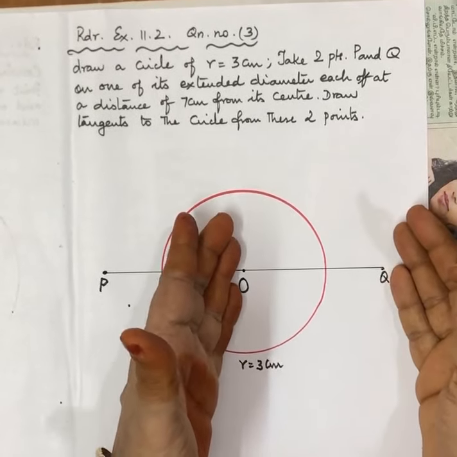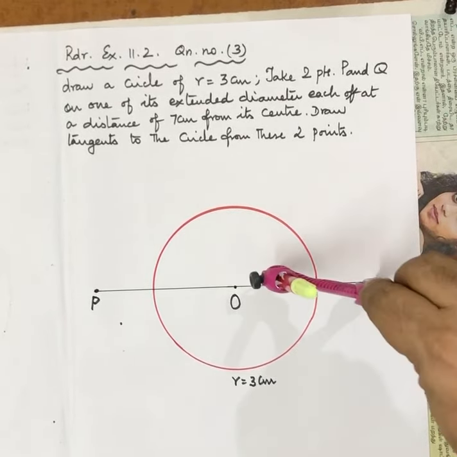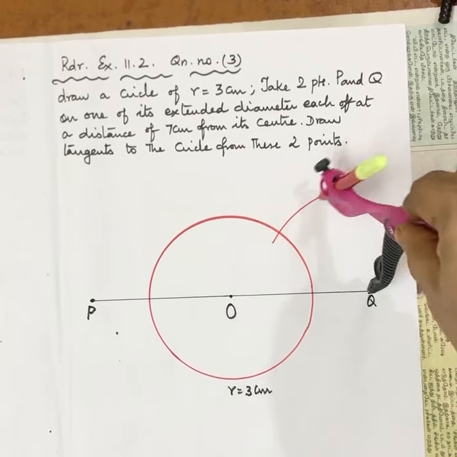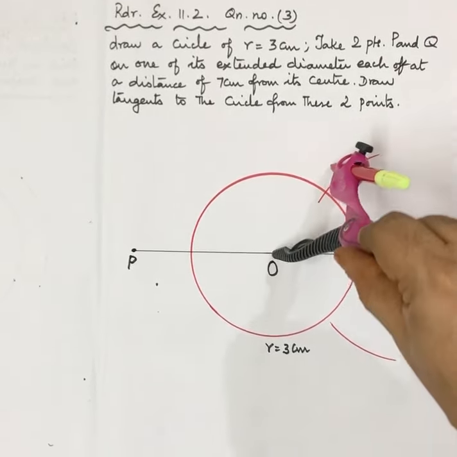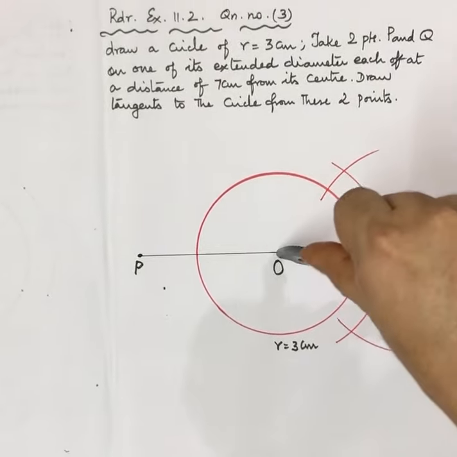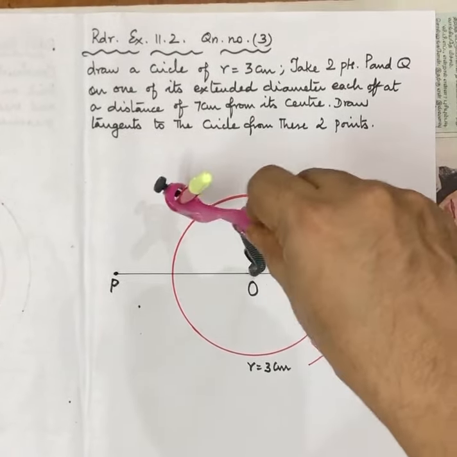So first you say take this line segment, measure more than half, draw perpendicular bisector. Repeat this from this side also.